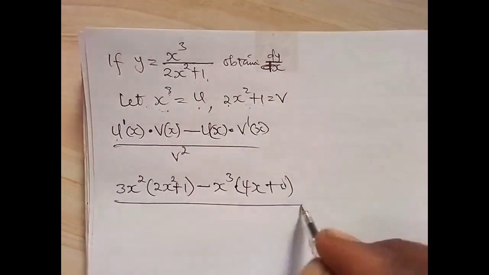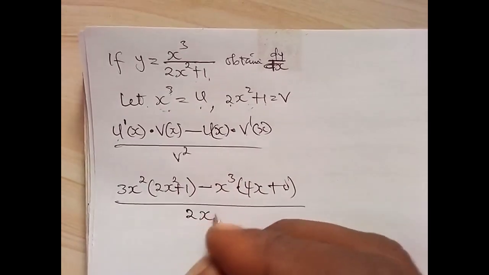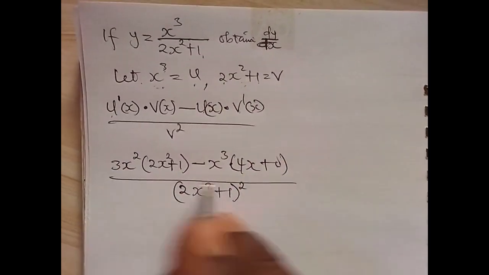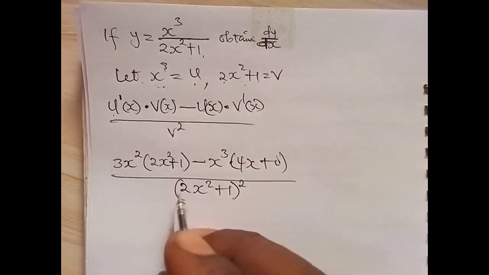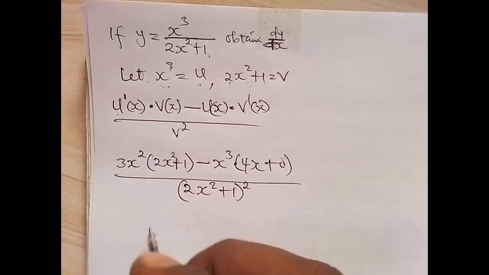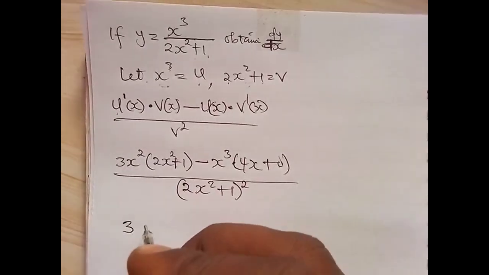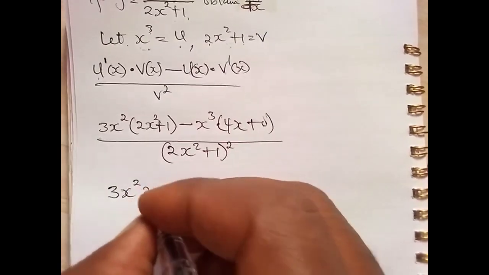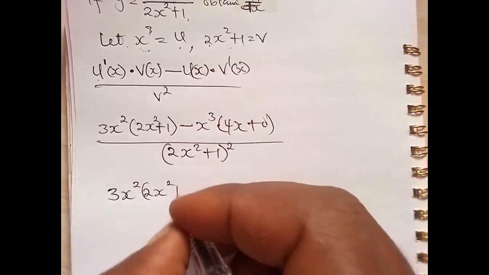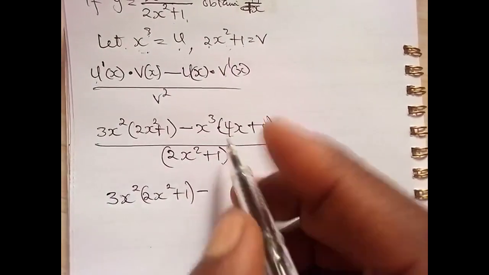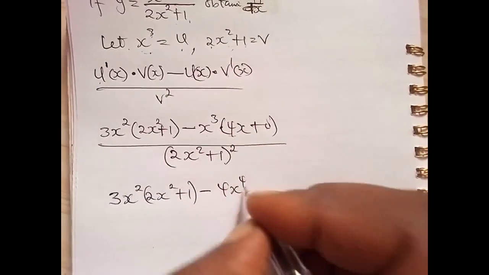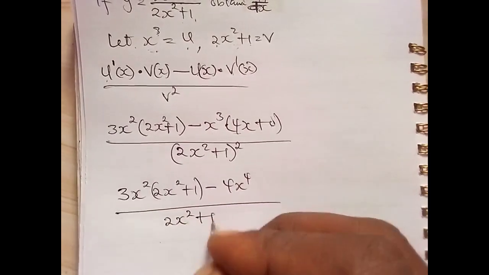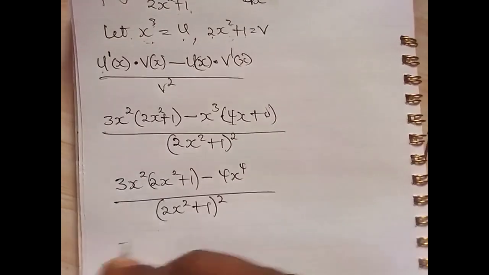So over, our v is 2x squared plus 1 all squared. From here, we can write 3x squared times 2x squared plus 1, minus, if you multiply this, you have 4x to the power 4, all over 2x squared plus 1 all squared. So this is the answer.